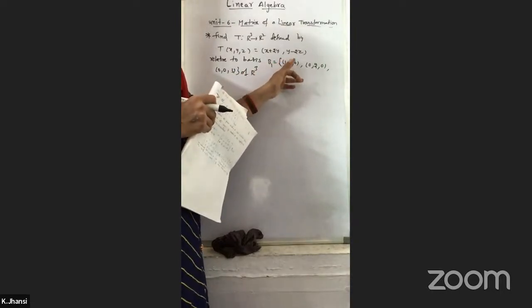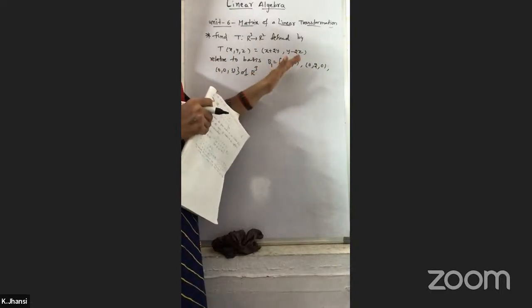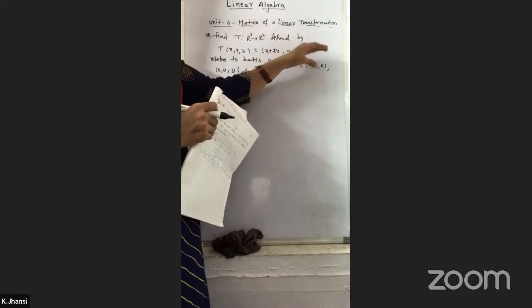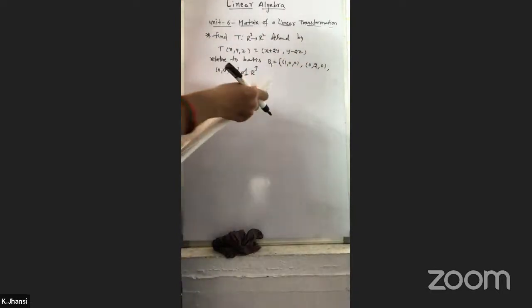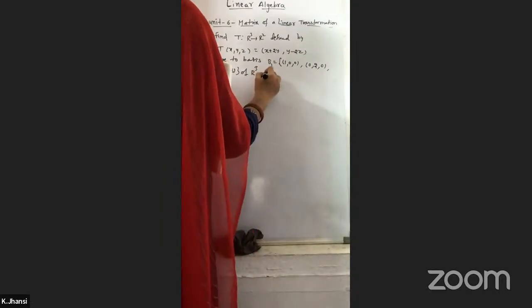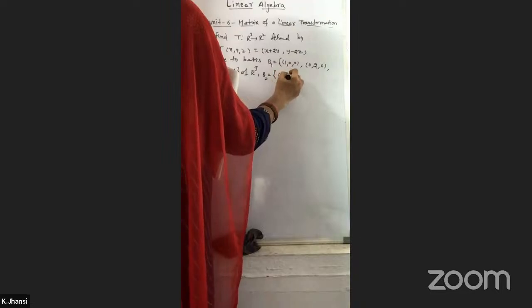Why? Because there are three elements, and the coordinates are also 3 coordinates. The next basis is B2 equals (4, 0, ...).